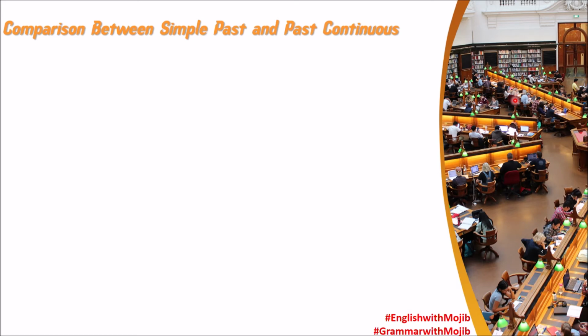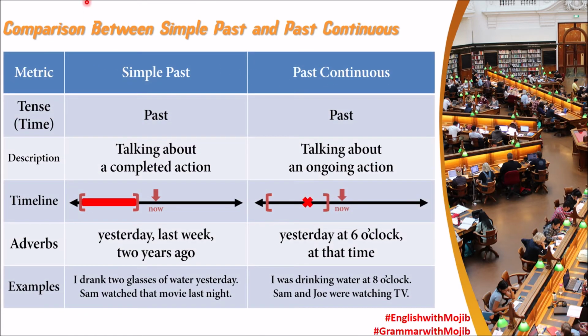Okay. Same as present tenses, here we're going to have a comparison between simple past and past continuous. We have a column of metrics, a column for simple past, and a column for past continuous. Tense or time, both deal with the past. Both happen in the past. But simple past talks about a completed action.